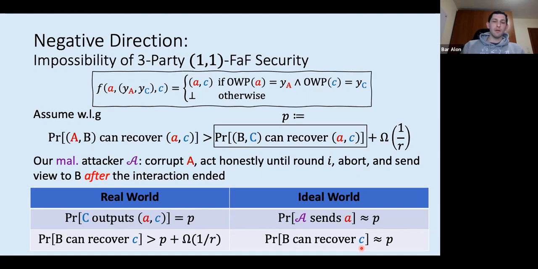But as I said before, the probability that B can recover C in the real world is not this P, it's P plus roughly 1 over R, because he has the entire view of A. He can recover A and C using whatever A saw in that interaction. So now we have a difference of roughly 1 over R between the real and the ideal world. And that concludes the proof.